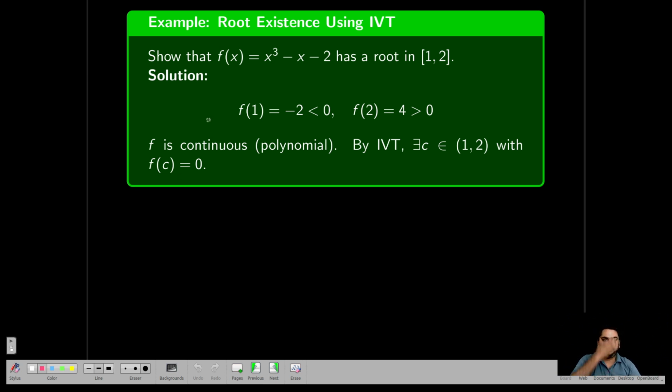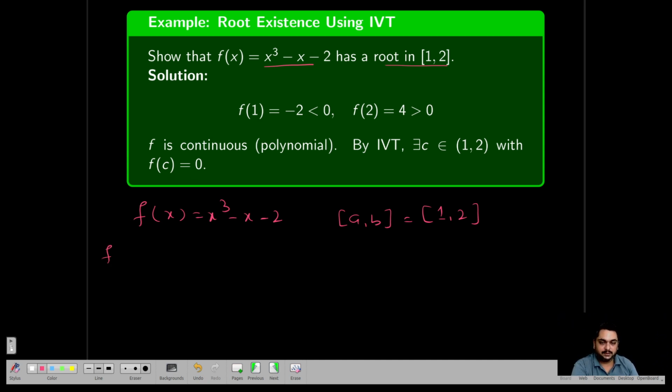Let's take an example. Show that f of x equal to x cube minus x minus 2 has a root in 1 comma 2. Now let us take f of x equal to x cube minus x minus 2. Then the interval a comma b is equal to 1 comma 2. So what the intermediate value theorem says, there exists a point between a and b, that is c, such that f of c is equal to z.